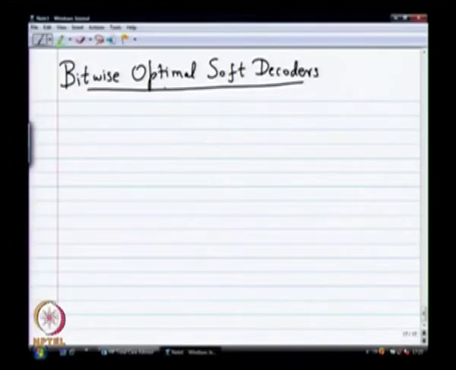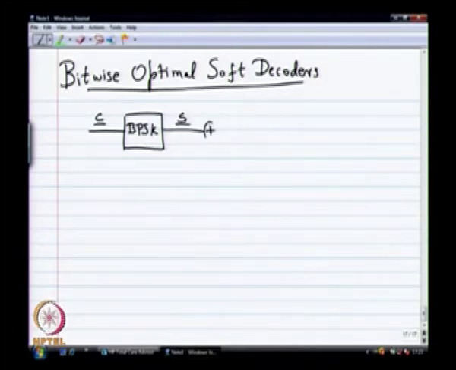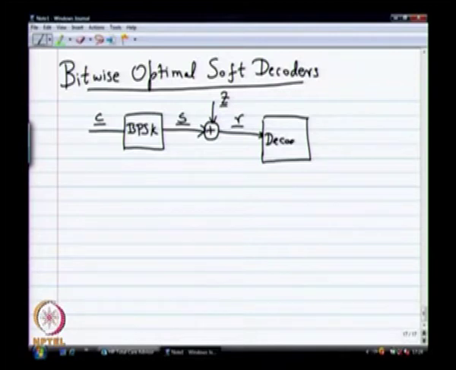Now, remember my picture again. I have a code word C which goes through BPSK and became S, to which noise gets added, then you get R. I want to have a decoder which outputs some vector.